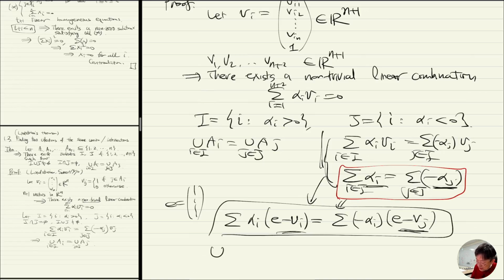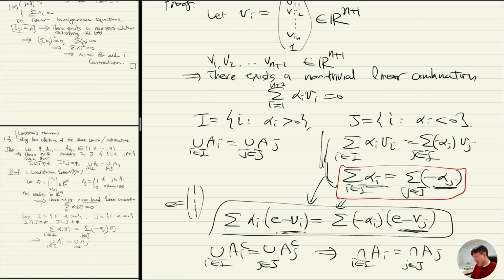Because that's when you have the union of these complements equal. But that is the same as, by De Morgan's law, that the intersection of these things is equal.